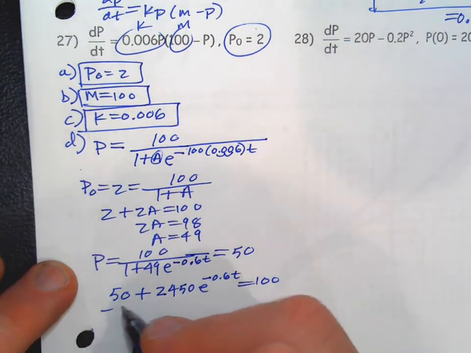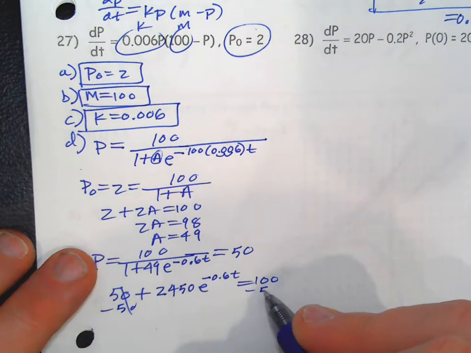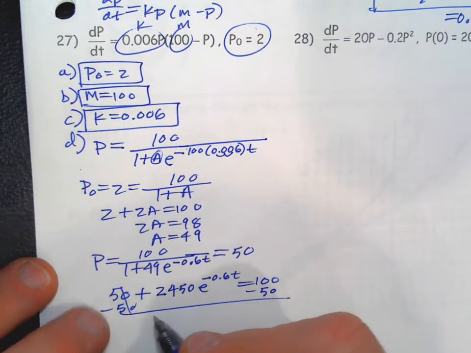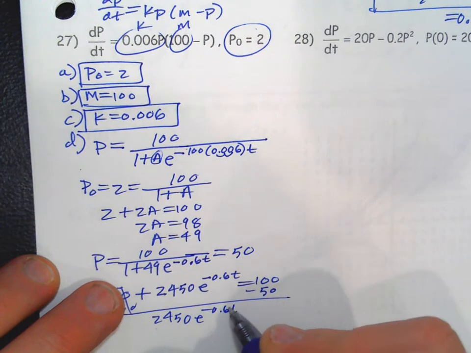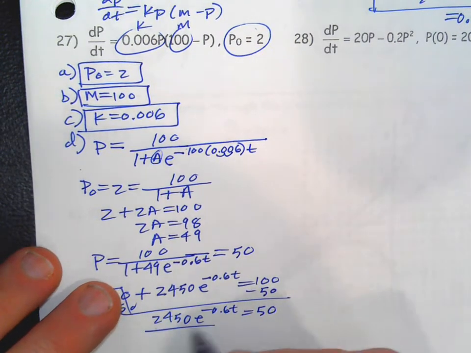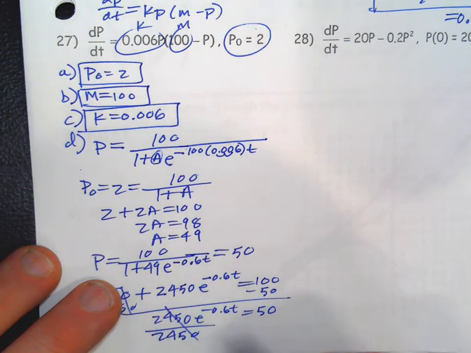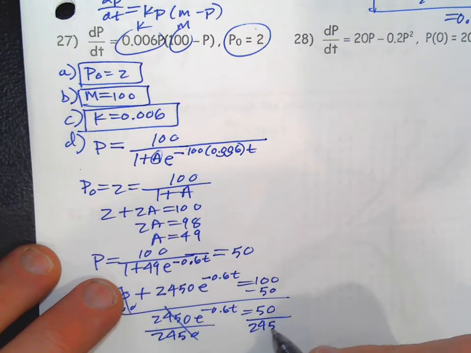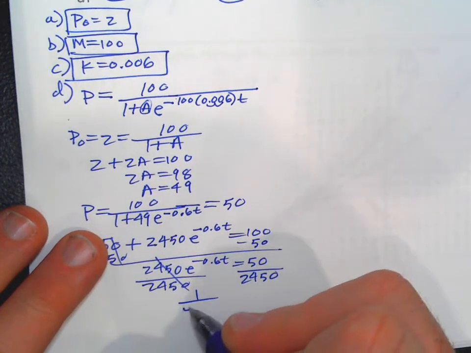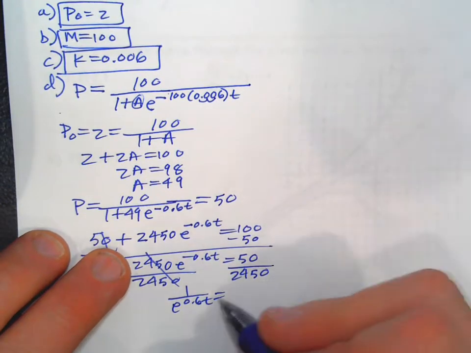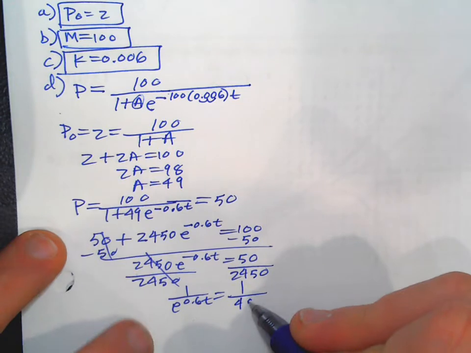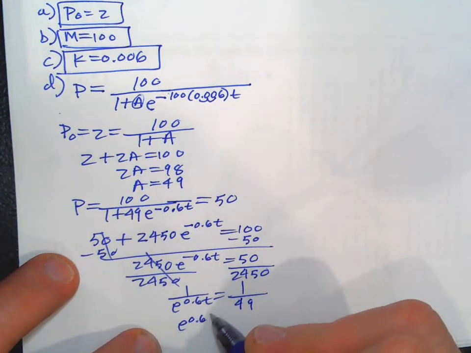I'm going to subtract 50. So we get 2450 e to the negative 0.6t equals 50. I'm going to divide both sides by 2450. I'm going to rewrite it with a positive exponent, so it's going to be 1 over e to the 0.6t, and 50 goes into this, I think that's 49, right? 1 over 49. So e to the 0.6t equals 49.